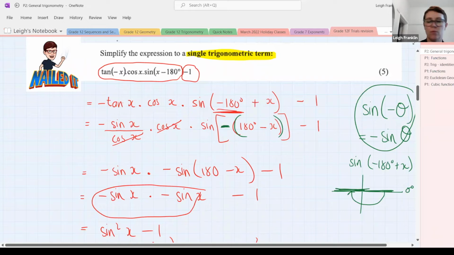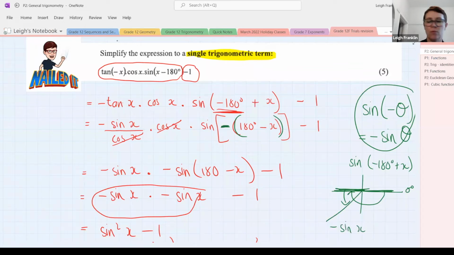So now we're sitting over here. And when we go plus x, we go forward over here, which is what you've just said. So we would end up with negative sine x. That's another way to look at it. So you can add 360. Not a problem.